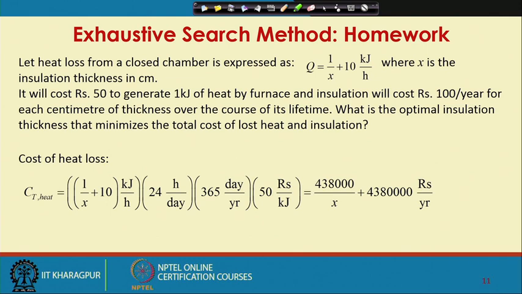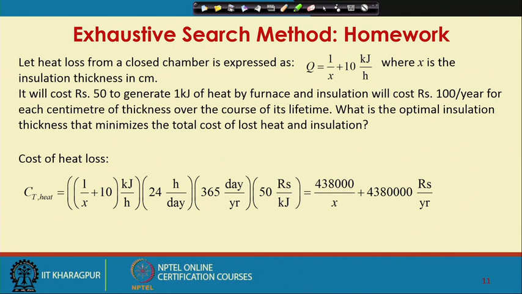So, here is a homework for you. Let the heat loss from a closed chamber be expressed as Q equal to 1 by x plus 10 kilojoule per hour, where x is the insulation thickness in centimeter. It will cost ₹50 to generate 1 kilojoule of heat per furnace, and insulation will cost ₹100 per year for each centimeter of thickness over the course of its lifetime.